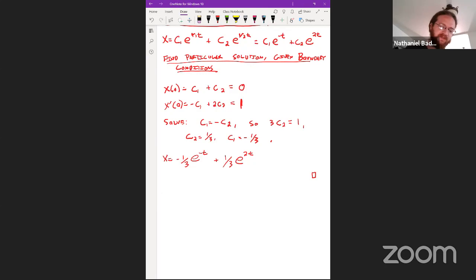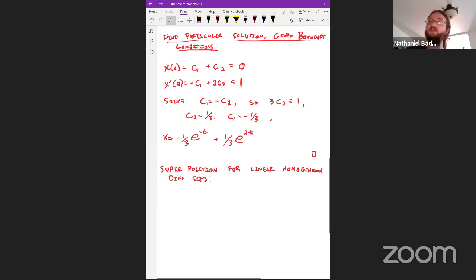there's a nice thing that certain differential equations have, which is called the superposition property. For linear homogeneous differential equations, that's the following.